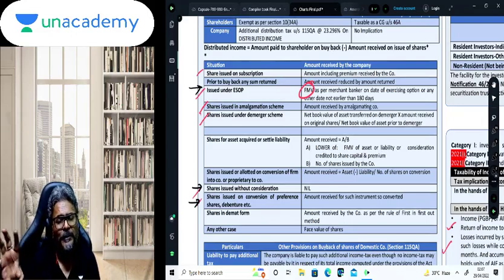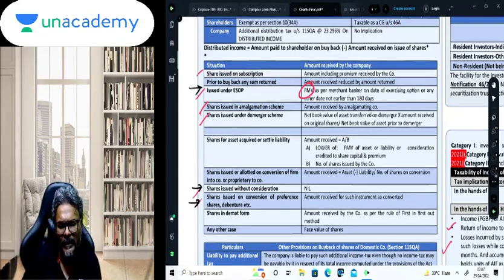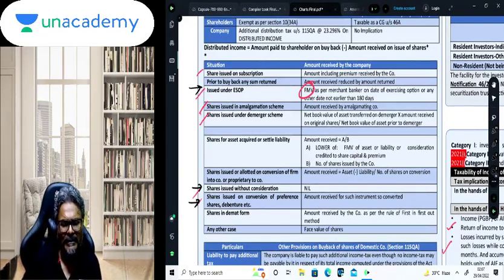That proportion of the book value of the asset transferred upon the net worth of the demerged company is applied to the cost of acquisition of the original shares. That will give you the pro rata amount, and this will finally fetch you the cost of the shares of the resulting company.